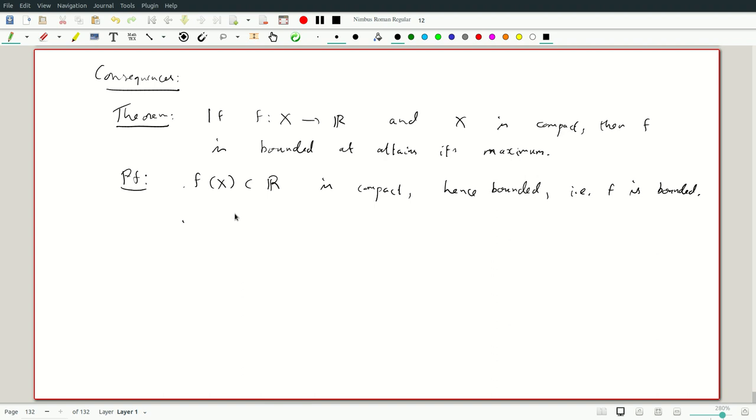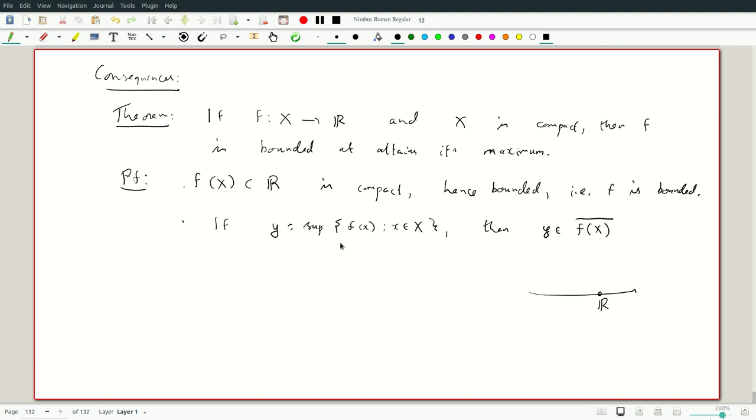Further, why are maxima attained? Namely, if y is the supremum of f of x, x in X, then y is in the closure of f of X. This is by definition because we have a point on the real line.